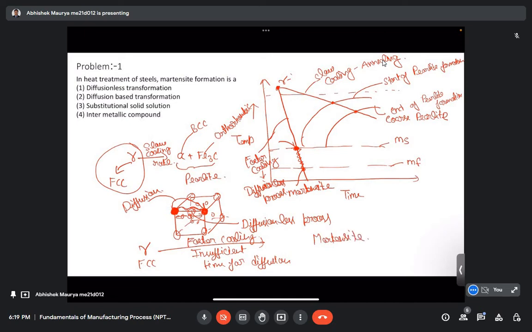Its lattice structure is body centered tetragonal, BCT. It is a distorted form of body centered cubic. So because of insufficient diffusion, or the diffusionless process, we get a solid solution of iron and carbon with a body centered tetragonal crystal structure, and that is called martensite. It is very hard and brittle.